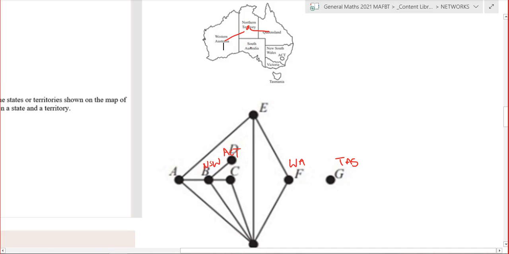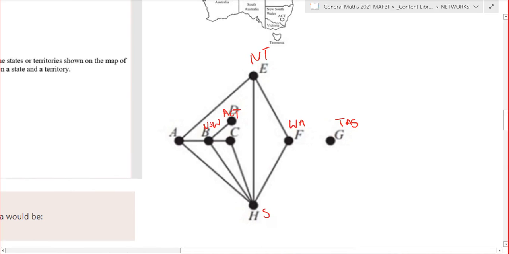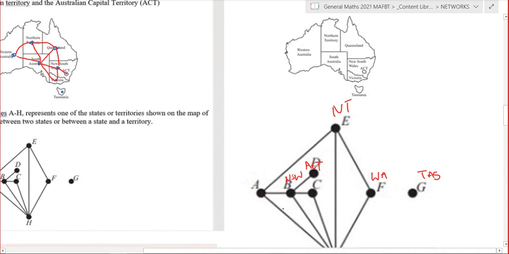And then this vertex here for South Australia has a lot more going to it. So I would say that E in this case is Northern Territory, and H is South Australia. We've only really got 2 more.